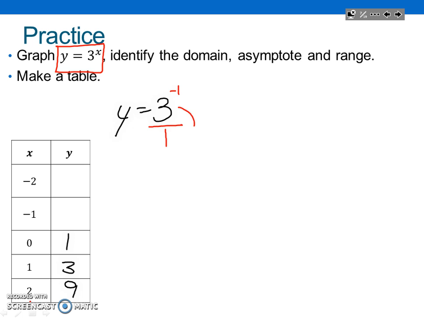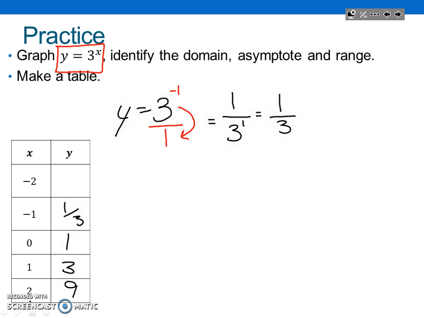That negative exponent tells me that I need to move that to the bottom, which means I'm going to have a 1 on top now over 3 to the first power, which is 1/3. So that means in my -1 spot up here, I'm going to have 1/3.